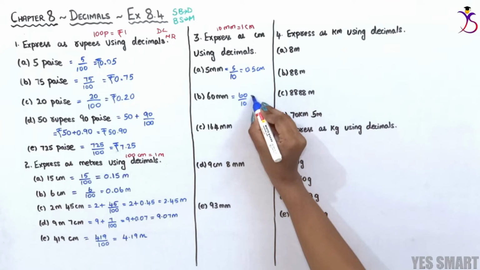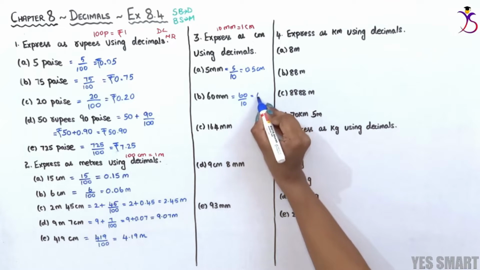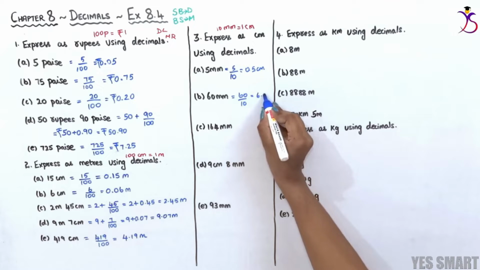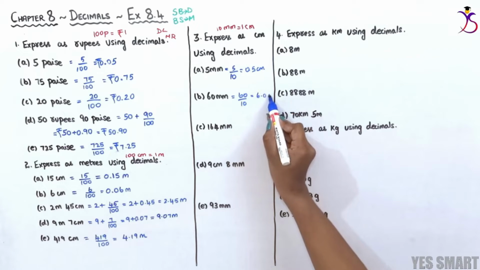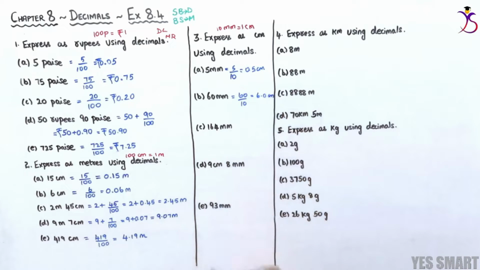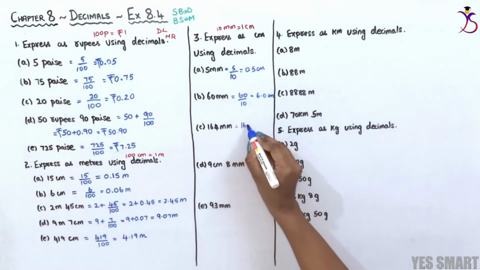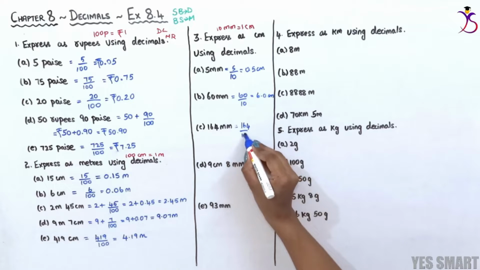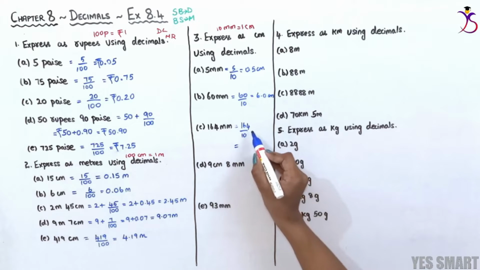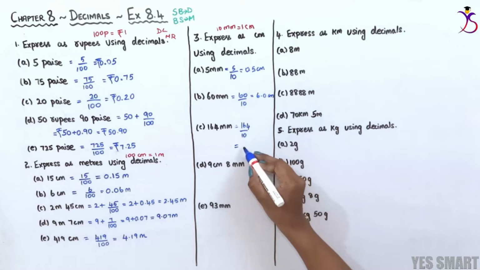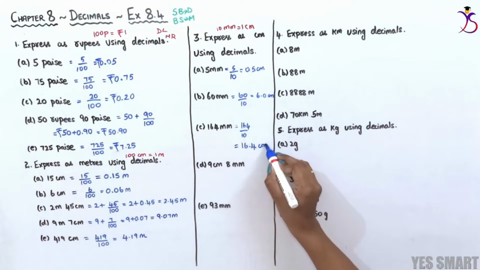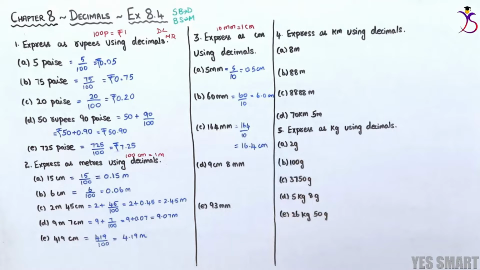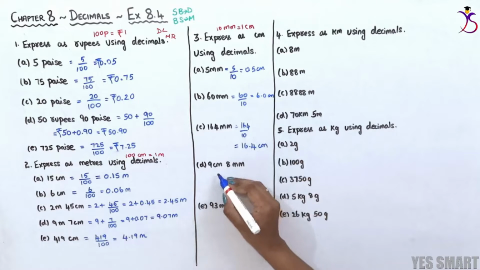We have 1 zero, moving the decimal point to the left hand side by 1 digit. Therefore it becomes 6.0 centimeters. C subdivision, 164 mm, which is equal to 164 divided by 10. We have 1 zero. So let's move one place to the left hand side, which is 16.4 centimeter. The D sum, we have 9 centimeter 8 millimeter. So let's keep the centimeter aside and we will convert the 8 millimeter to centimeter.